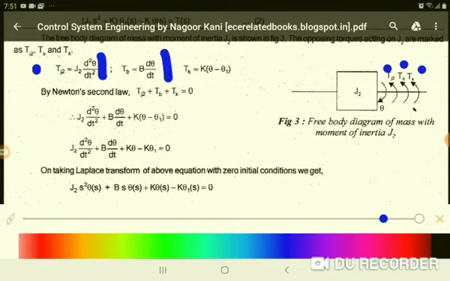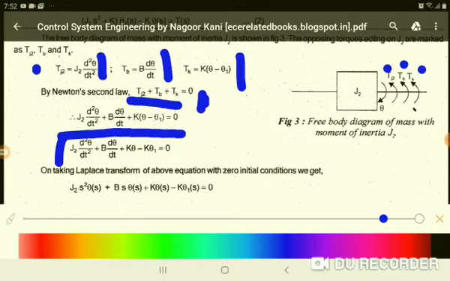K is an element between theta minus theta 1. Opposing torque equals applied torque; here there is no applied torque, so it is 0. The opposing torques are three, so we get the equation J2 d square theta by dt square plus B d theta by dt plus K into theta minus theta 1, which equals 0.